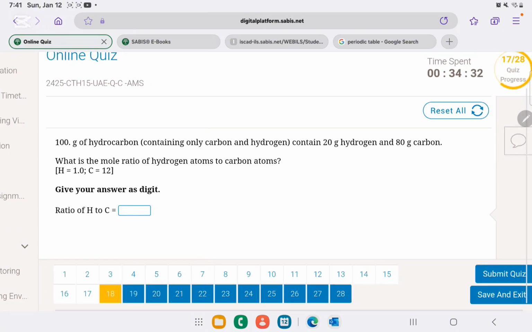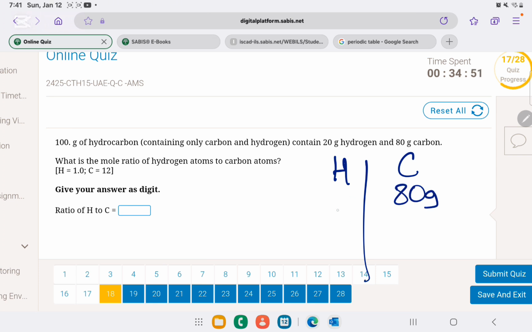100 grams of hydrocarbon only contain 20 grams of hydrogen, 80 grams of carbon. What is the mole ratio of hydrogen atoms to carbon atoms? So same thing as the other question. H and then C. 80 grams of carbon and 20 grams of hydrogen. First thing we need to do is find the moles, mass divided by the molar mass. So divide this by 1, divide this by 12.